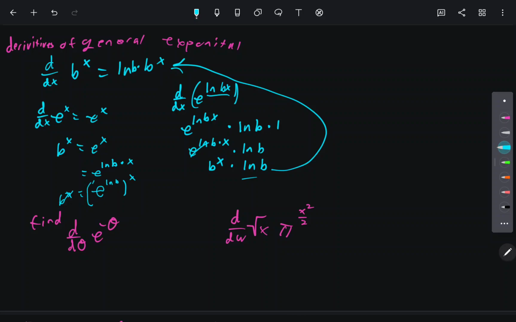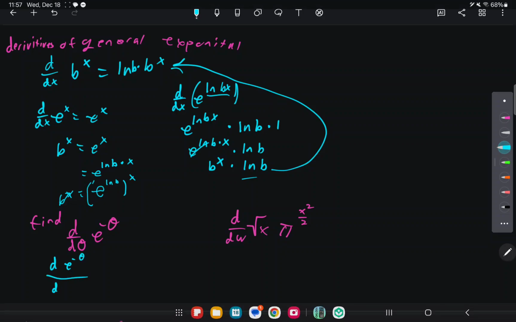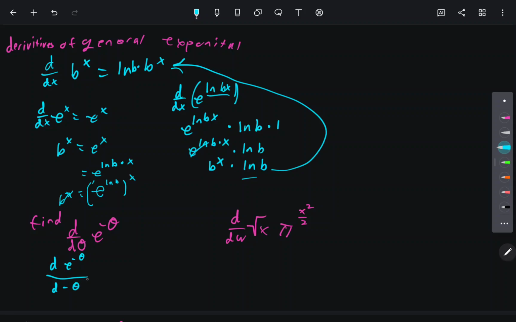Alright, so now I have two functions for us to take the derivative of. One of them is a bit easier than the other. So for this left one, this is the same thing as saying we're taking the derivative of e to the x. So let's actually write this out. We're taking the derivative of e to the negative theta with respect to negative theta times the derivative of negative theta with respect to theta.